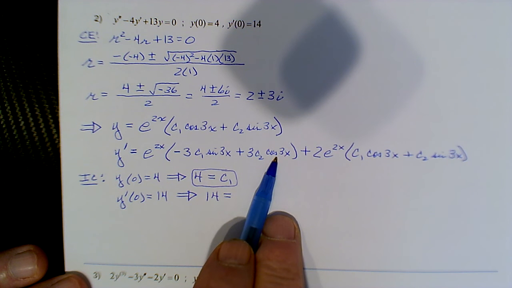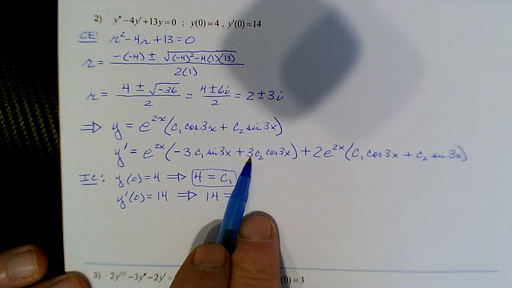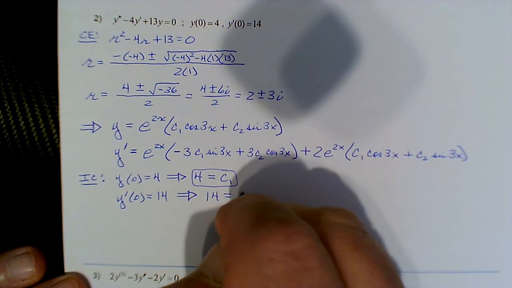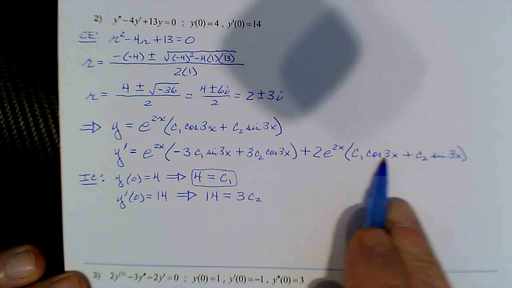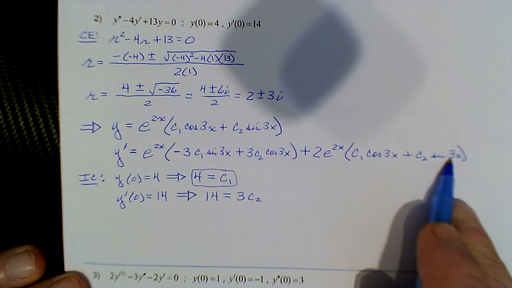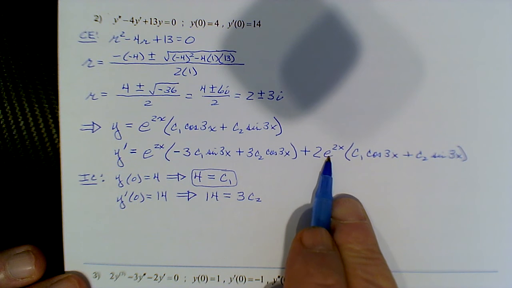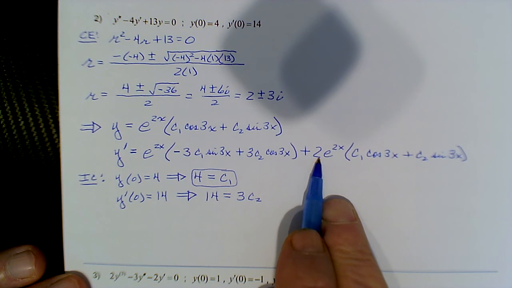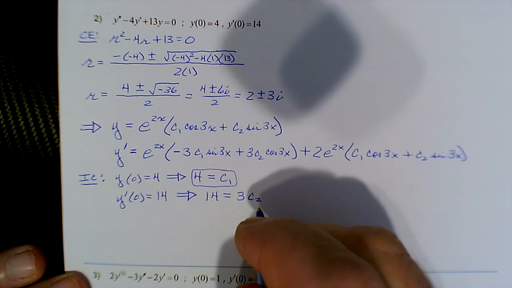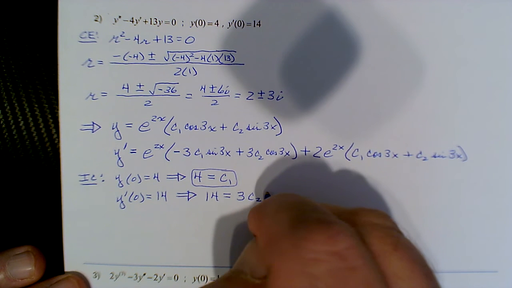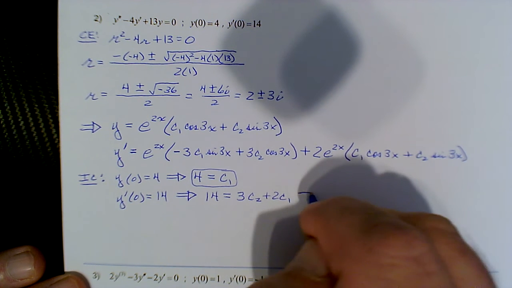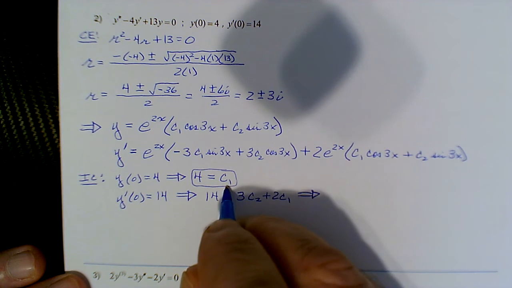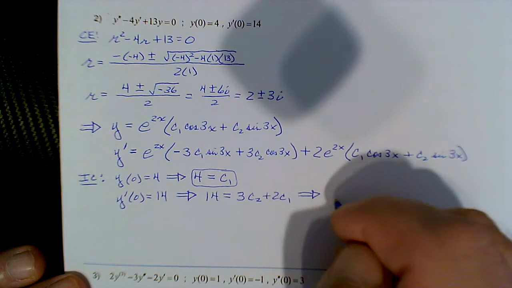Okay, so cosine of 0 is 1, so the 3c2 stays. And then here, this c1 stays, but don't forget this 2 out in front. So 3c2 plus 2c1.